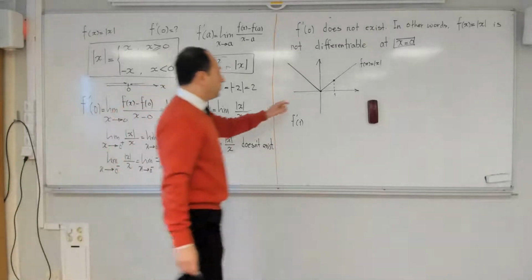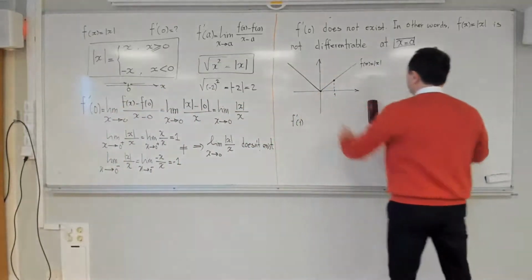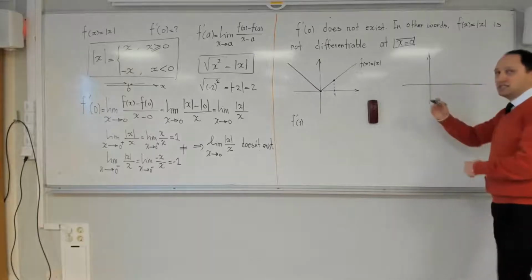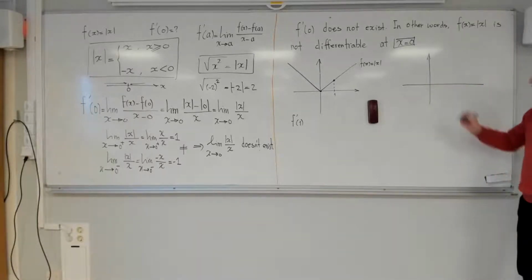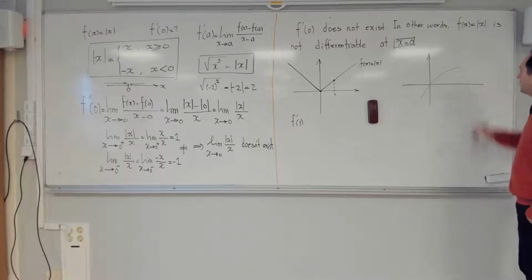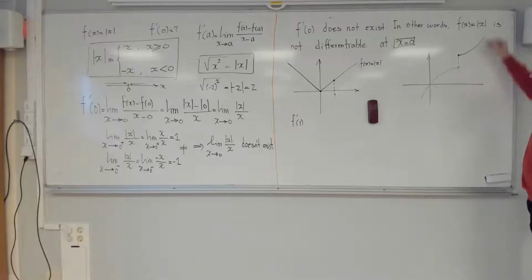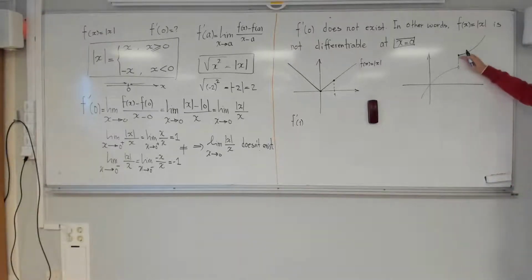Another type of points where the function is not differentiable are the points at which the function is discontinuous. So for example, the graph of the function comes up to here, and suddenly at this point breaks into another part, and then it starts from here. This is not part of the graph, I just want to make sure you understand.